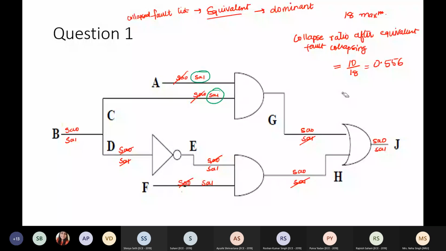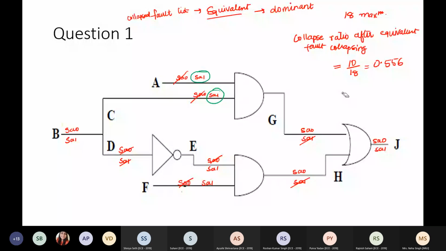Coming to the output, stuck at 0: the actual value should be 1 and the output fault value should be 0, which is tested by test patterns 0 1, 1 0 and 1 1. For all three cases, the output value is 1. For stuck at 1, it is only 0 0. It means it is tested only with 0 0.